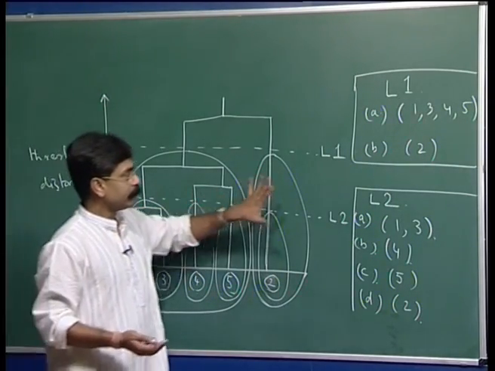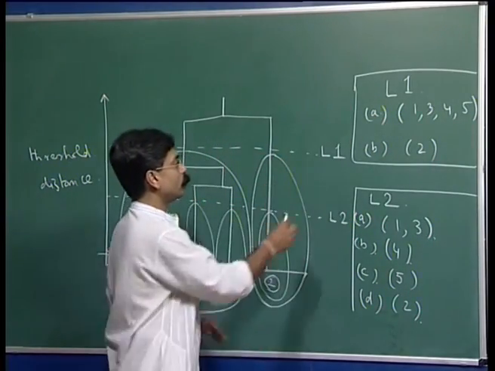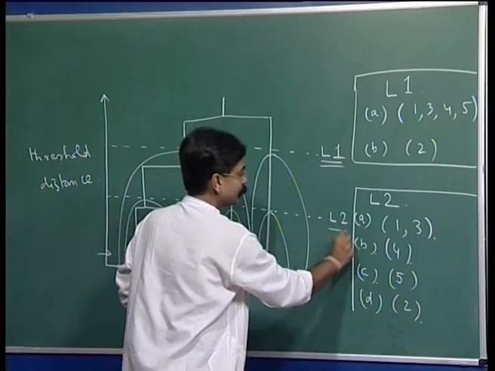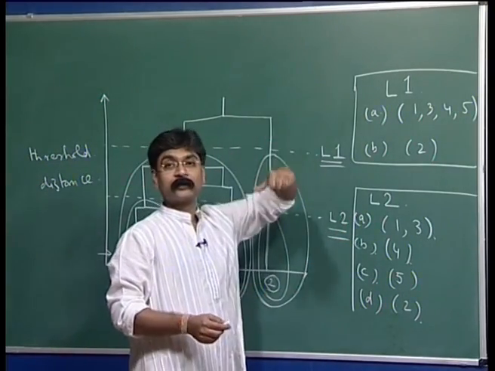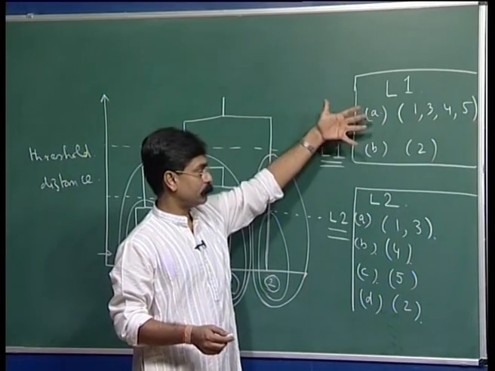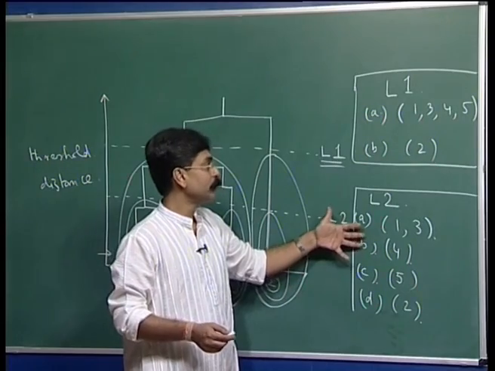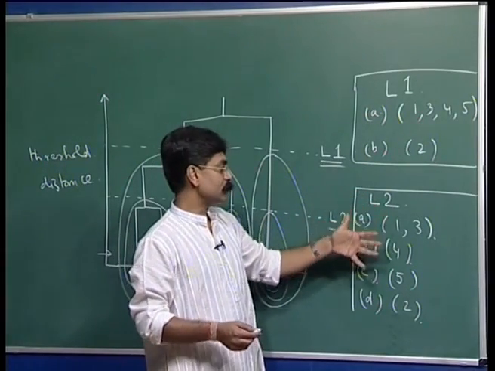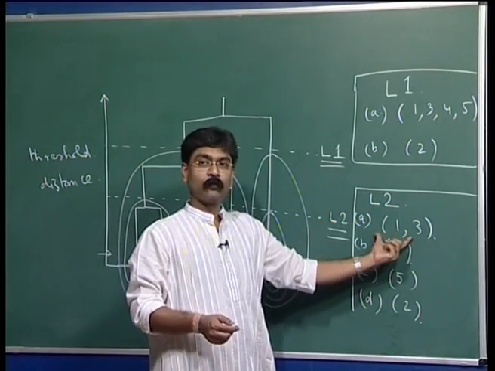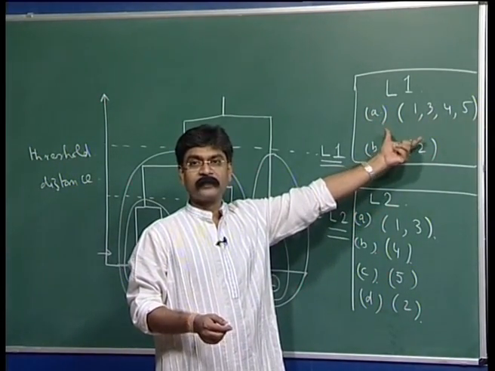And what is interesting to note from these clusters that have been formed from the L1 level and L2 level, if you choose any two clusters from the two sets, the clusters formed by L1 and the clusters formed by L2, you will see that either a particular cluster here would be completely contained in the other, or it will be disjoint with that.